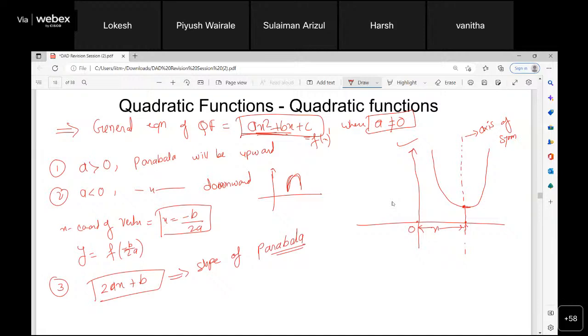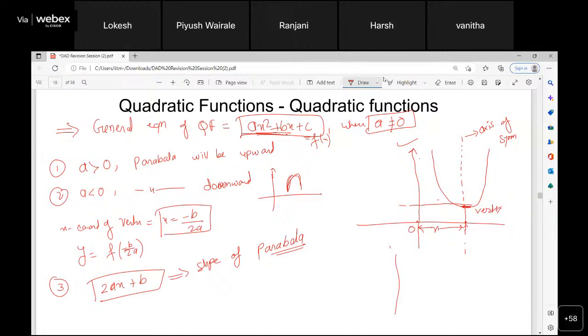Now, what are the conditions? We have discussed upward and downward. Suppose my parabola is upward like this. Where will I get the minimum value, and what will the maximum value be? The minimum value is f of minus b by 2a, at the vertex, and the maximum value is infinity.